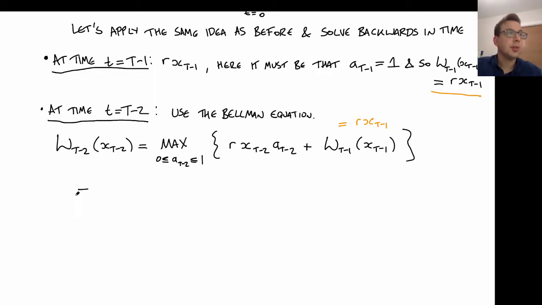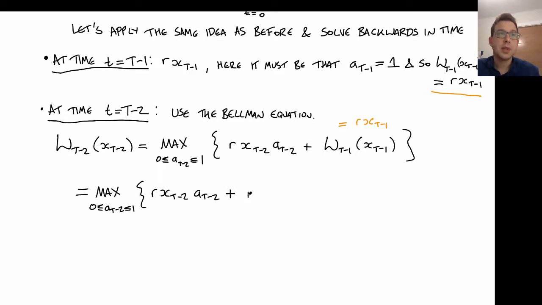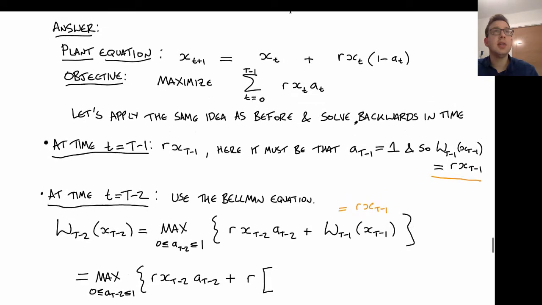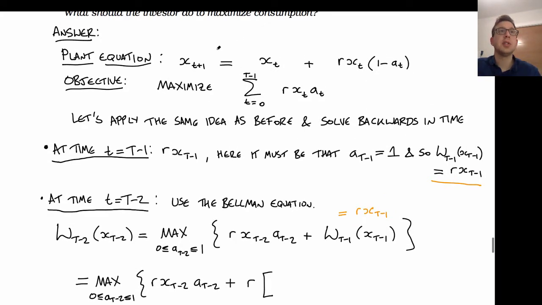So what I'm going to have here is the maximization of the same expression as before, r of x of t minus 2, a of t minus 2, plus r times x of t minus 1. I can write that in a slightly different way. Note that x of t minus 1 satisfies the plant equation over here.